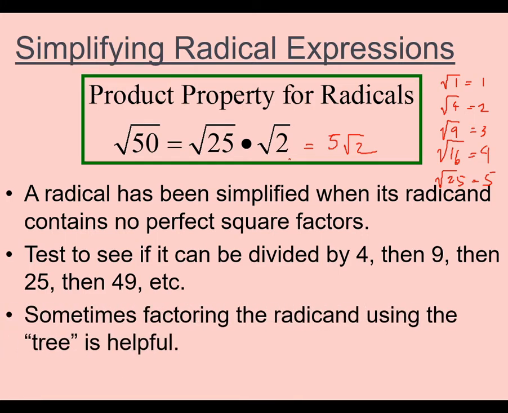Sometimes, factoring the radicand using the tree is helpful. So, pwede kayong factoring, no? Tinatawag nila na factor tree. 50, tapos ang factor niya ay 25, tapos 2, tapos pwede pa tong 5 times 5, wala na.